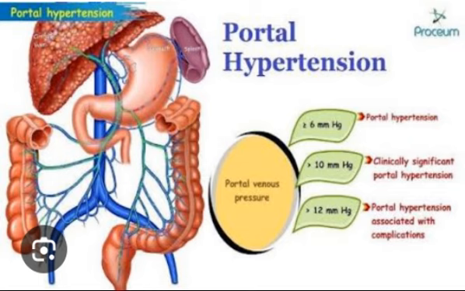It is reasonable to start with NSBB, which should be administered indefinitely, because they have other advantages, such as prevention of bleeding from other portal hypertension sources, portal hypertensive gastropathy and gastric varices, and prevention of ascites, Table 3. In patients intolerant of, or with contraindications to, NSBB, EVL should be performed.